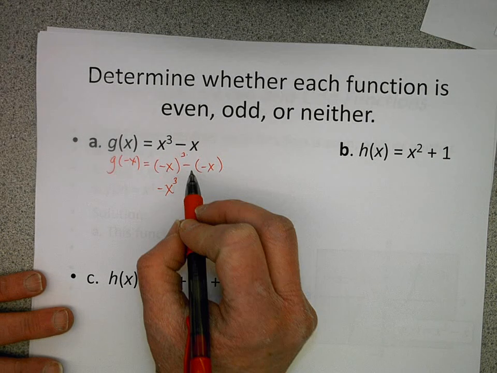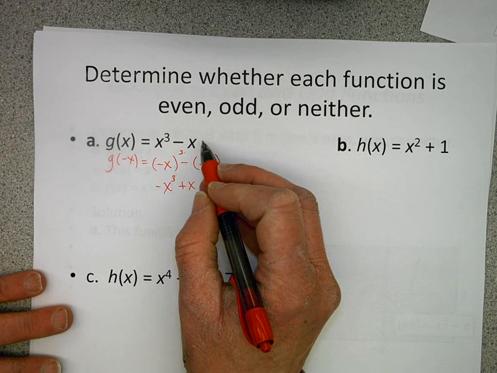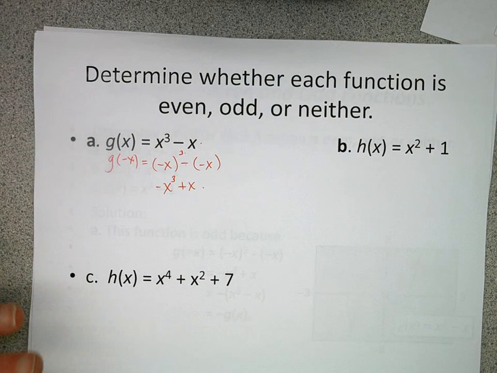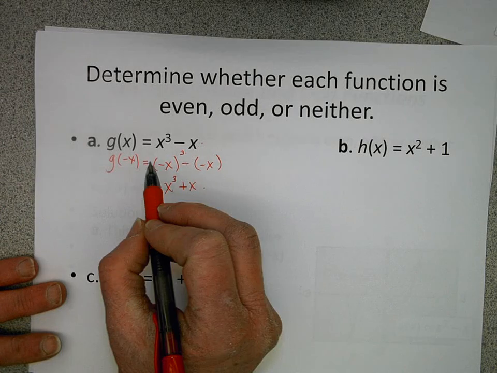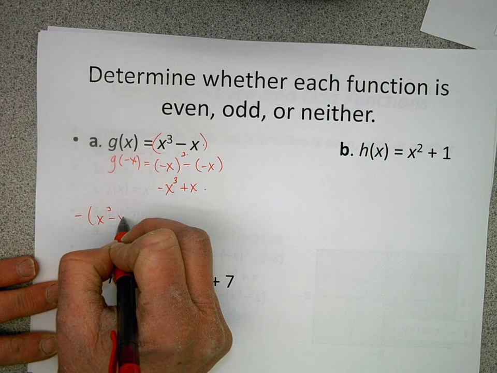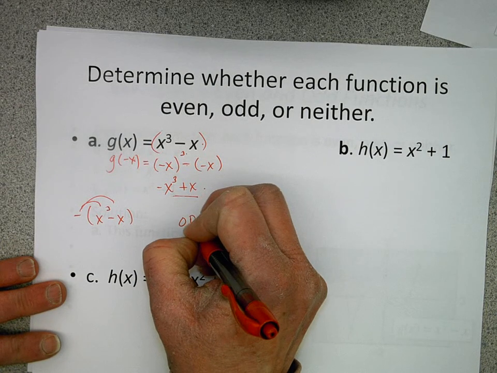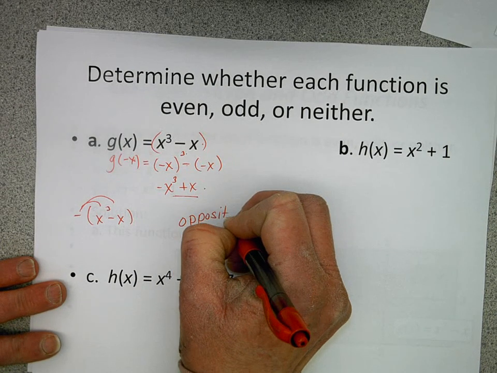And then this would be a plus. Now look at this function compared to this function. Is it the same? No. Is it the opposite? Could I take this original function and distribute a negative and get that? Yes, it's the opposite. And so if it's the opposite, then this is called an odd function.